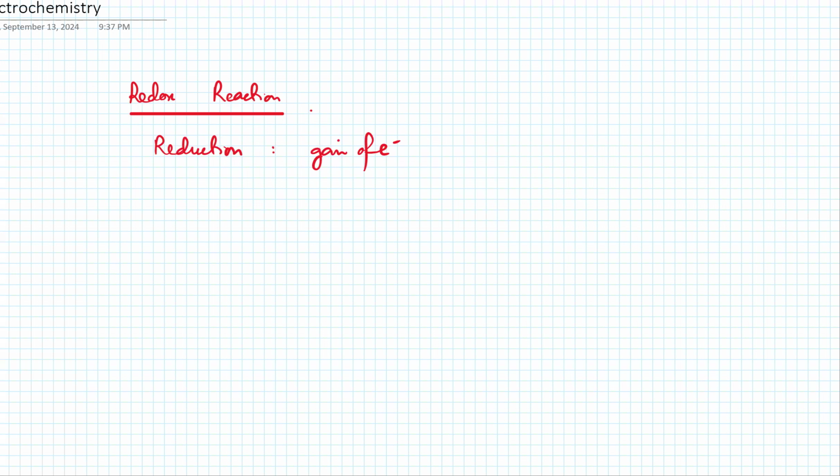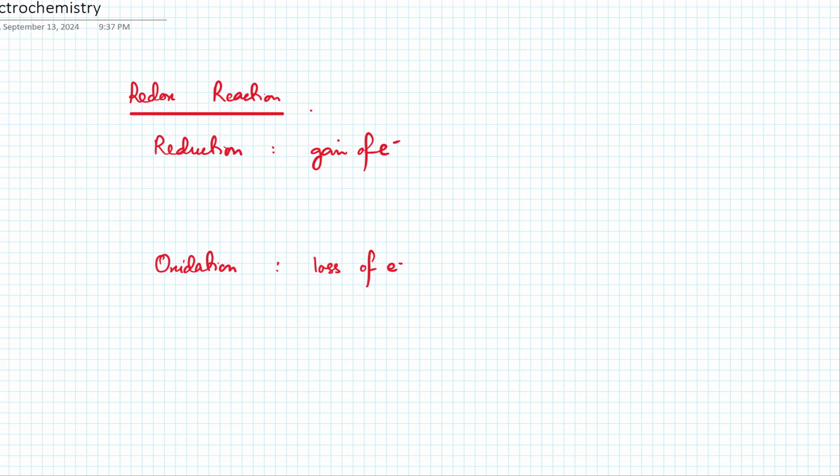And oxidation, so by definition, reduction is a gain of electrons only. And oxidation is your loss of electrons. And that's it, no other definition. There are other ways of knowing whether reduction and oxidation is happening, but that's not part of the definition. Okay, so definition is that it's a gain of electrons and the other one is a loss of electrons.